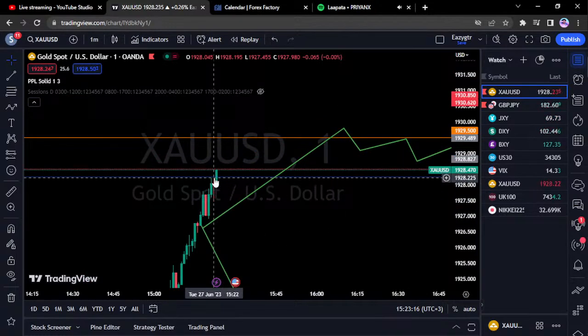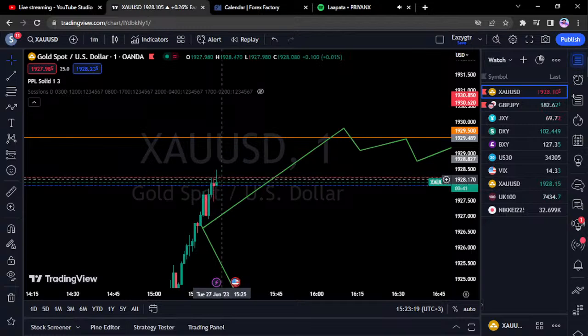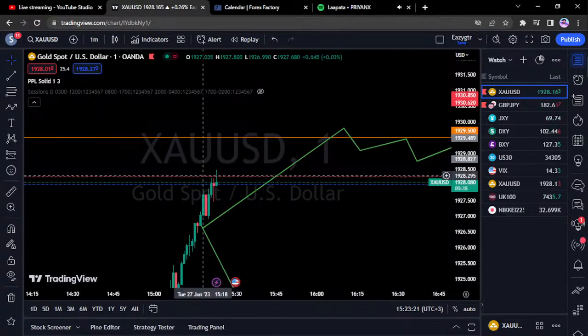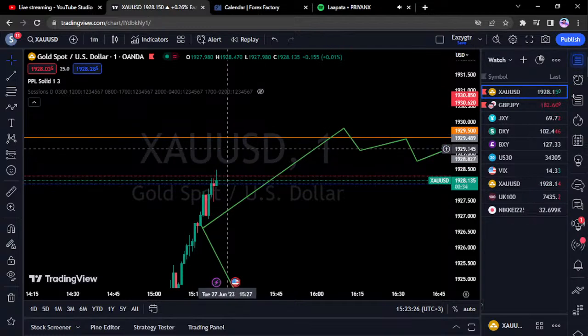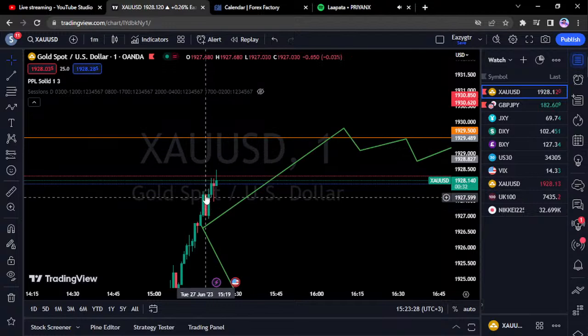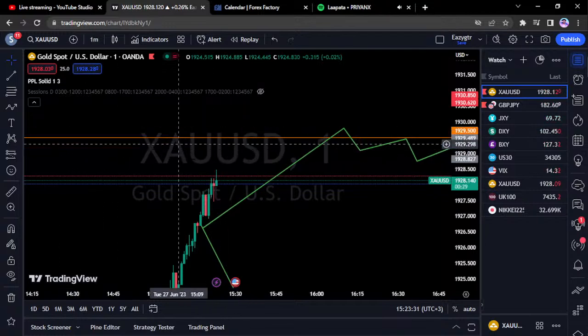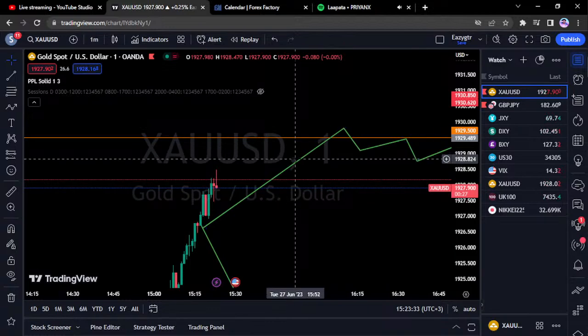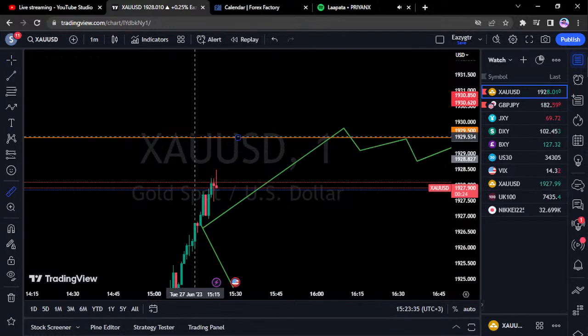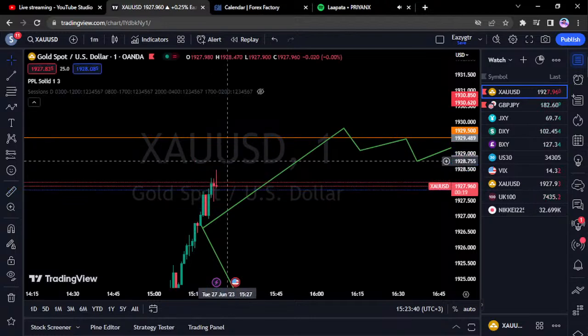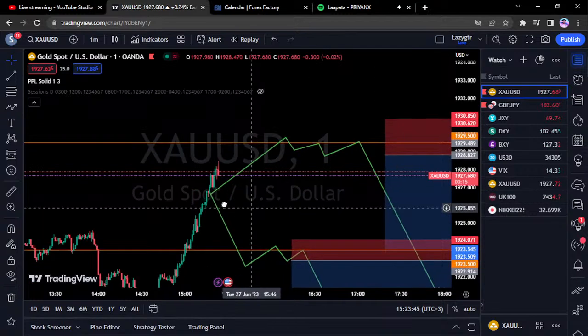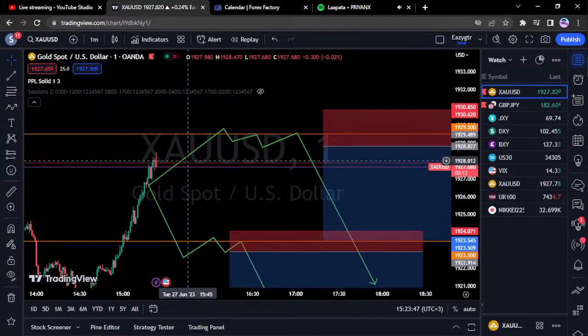So the indication that we're going to have sellers jump into the market is if we start seeing smaller and smaller bullish candles followed by bearish candles. So how far away from our key level? We are currently 10 pips from our key level. So depending on what price action does at this level, we could get ourselves earlier today.